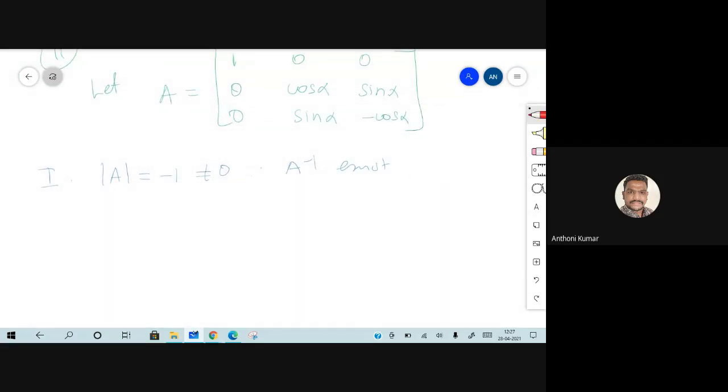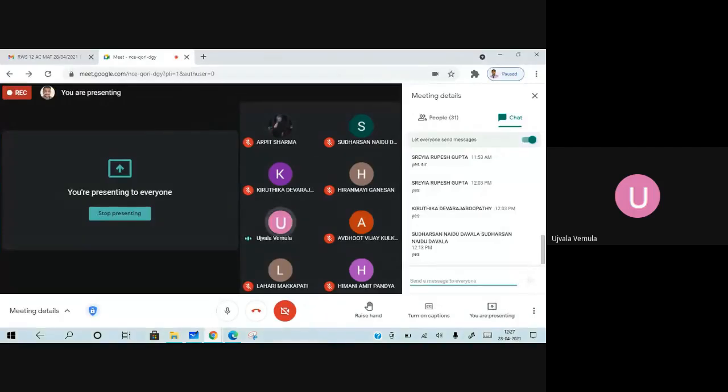Then what is the formula? A inverse is equal to 1 by det of A into adjoint of A. So we can directly write minus 1 times adjoint of A. Anybody knows why it's minus 1 times? Because 1 by minus 1 is minus 1.